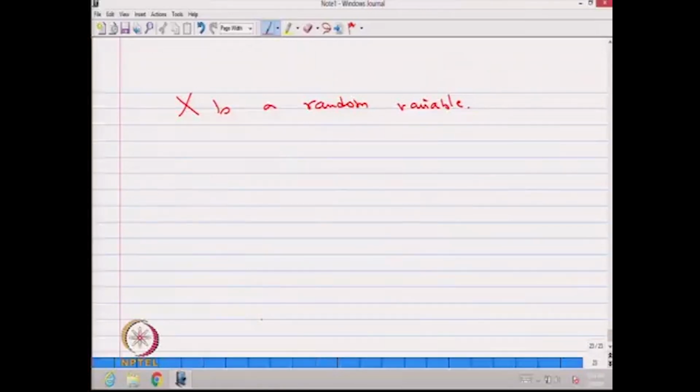Now we will go for finding the cumulative distribution function of the random variable X. That is defined as capital F of x, that is P of X less than or equal to x. For all possible values of x, F of x is defined as P of X less than or equal to x.